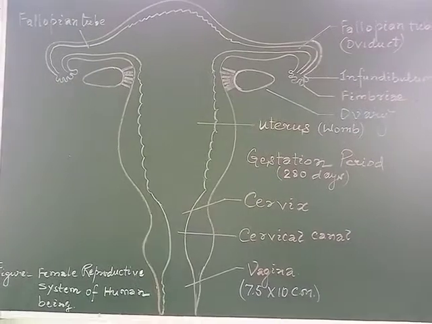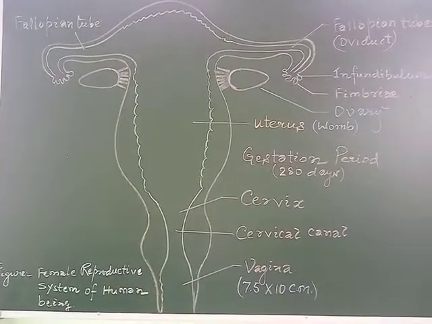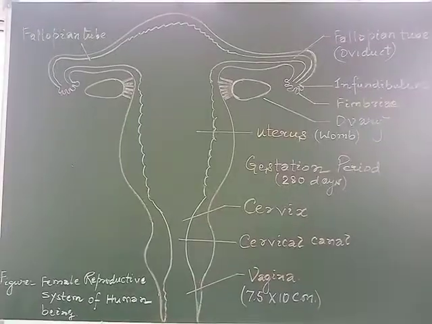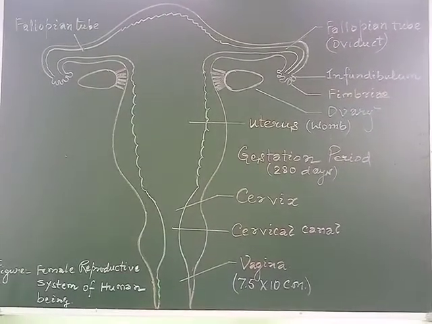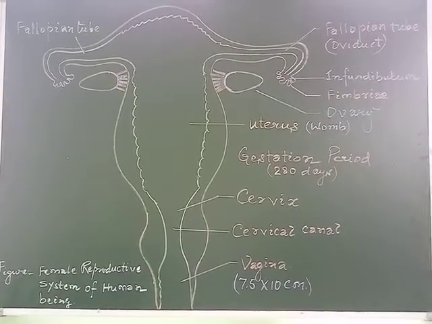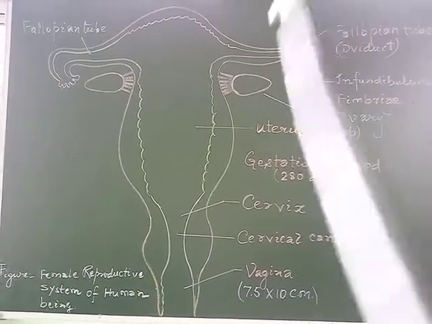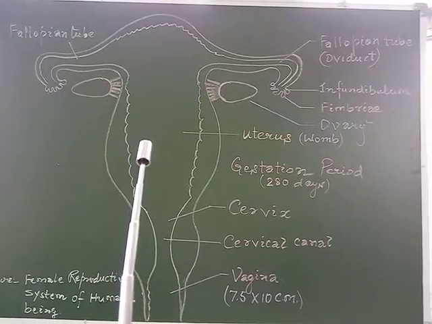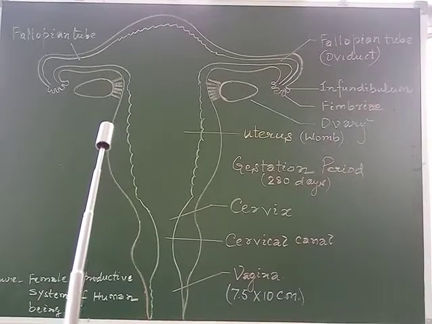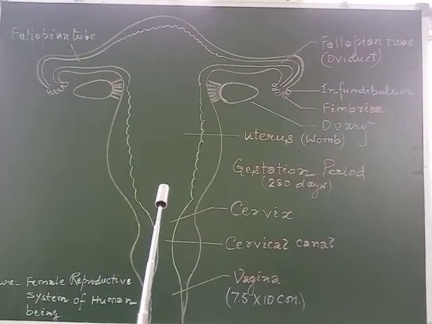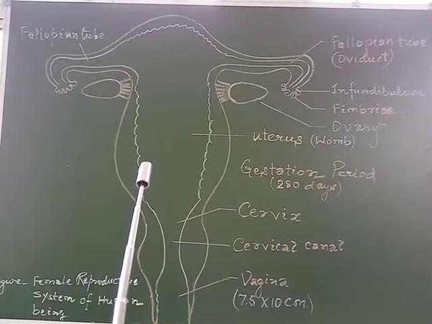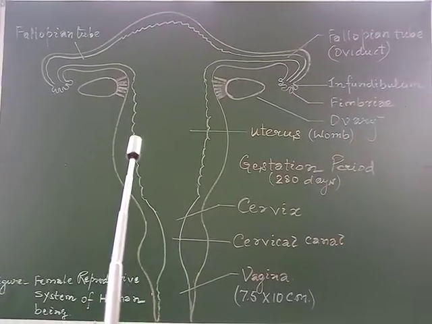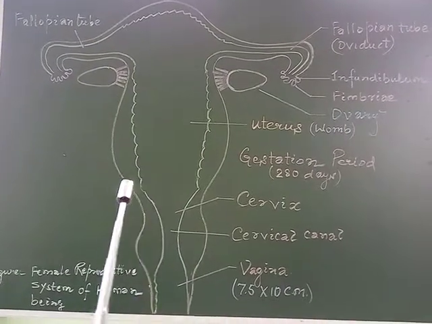Now we will try to understand what happens when the egg is not fertilized. As we have discussed, the ovary releases one egg every month. As the ovum is released by the ovaries, simultaneously the uterus also prepares itself every month to receive the fertilized egg, or zygote, or the developing embryo.